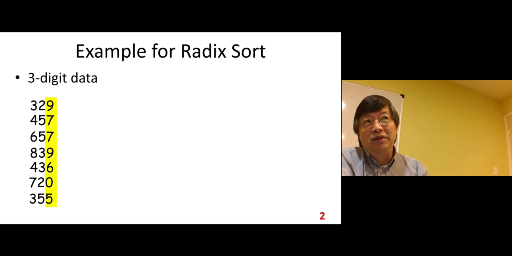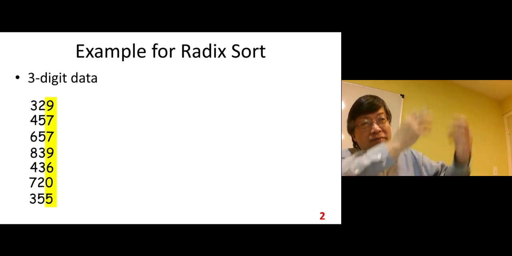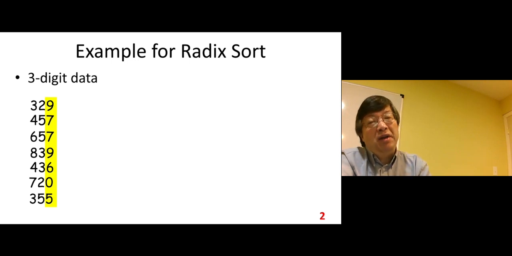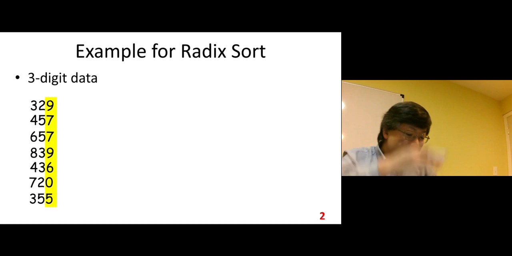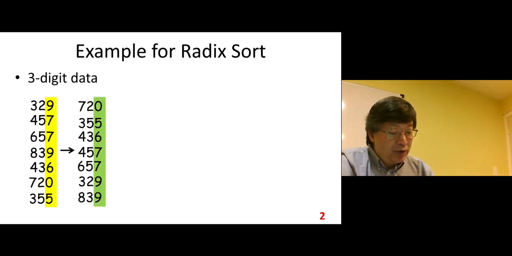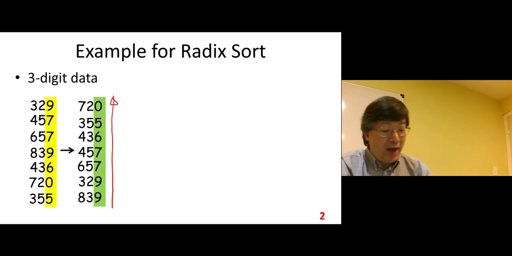You really need to carry the satellite data. Here, it's a good example to explain the usage of the satellite data. So now, after the counting sort on the least significant digit, we get it sorted in ascending order like that.